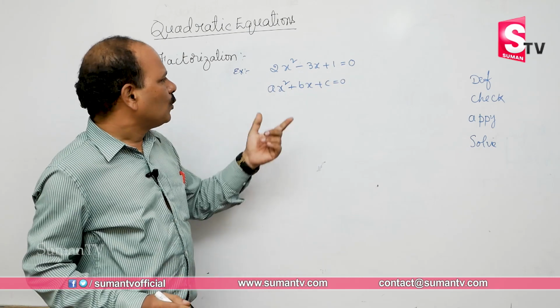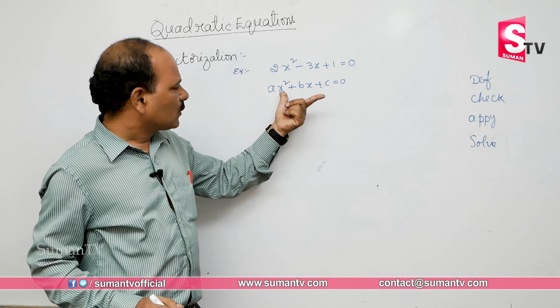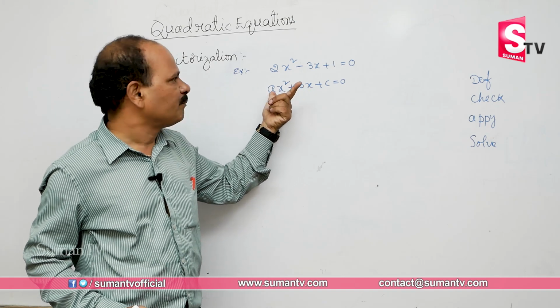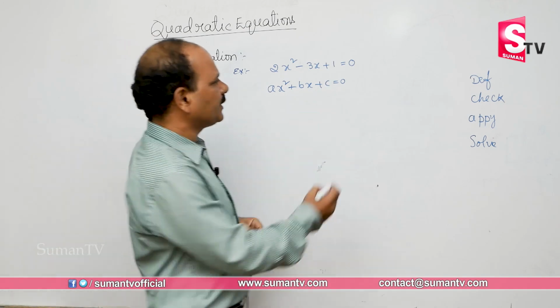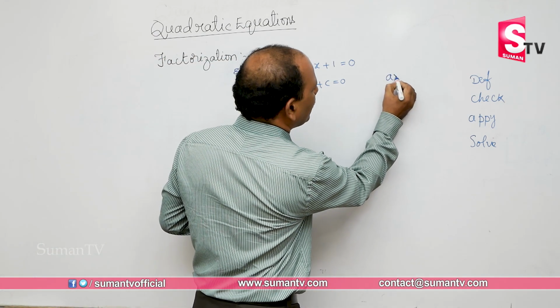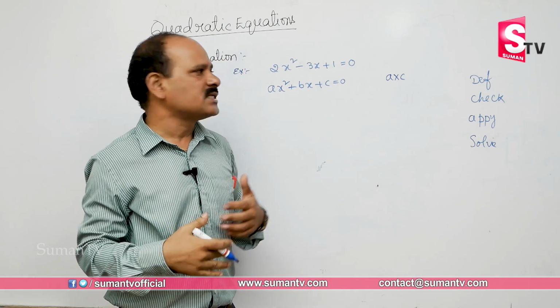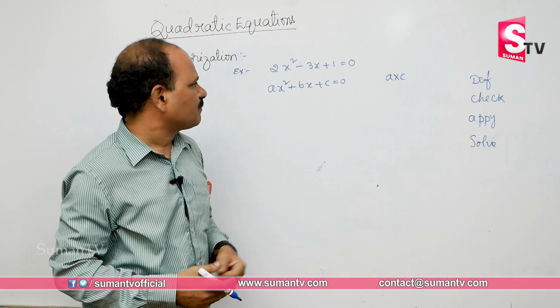Next part, we have to multiply the coefficient of x square, which is a, and the constant c. The product of a and c we have to find in the first step.